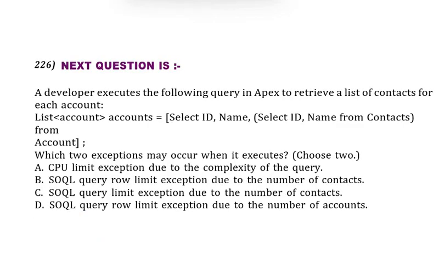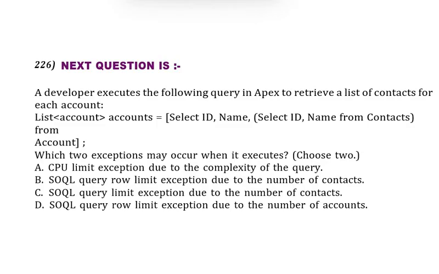Question is a developer executes the following query in Apex to retrieve a list of contacts for each account. List<Account> accounts = [SELECT Id, Name, (SELECT Id, Name FROM Contacts) FROM Account]. Which two exceptions may occur when it executes?